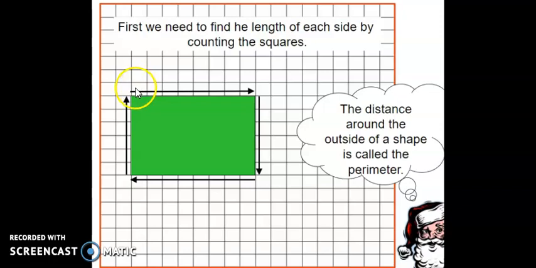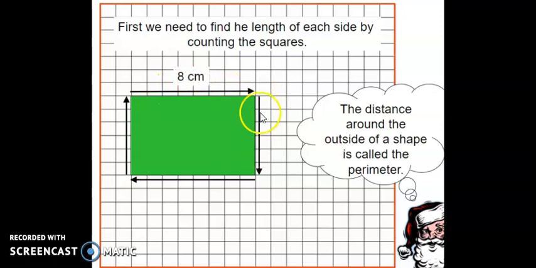For example, this one, if I start counting from this side, this is 1 square, 2, 3, 4, 5, 6, 7, 8. It means this length is 8 centimeter.